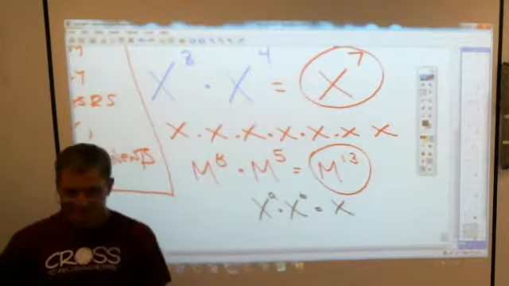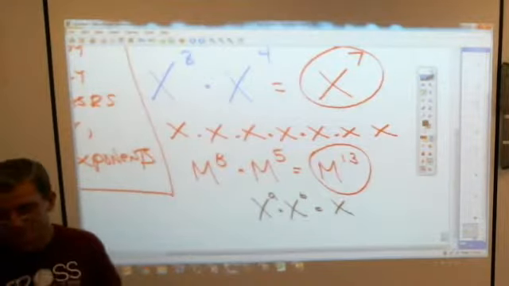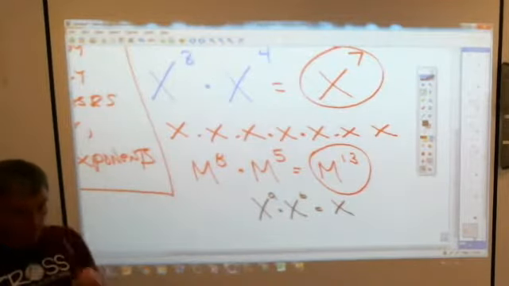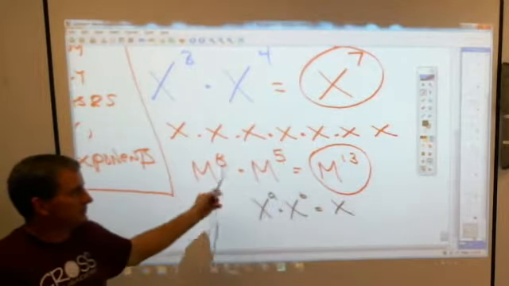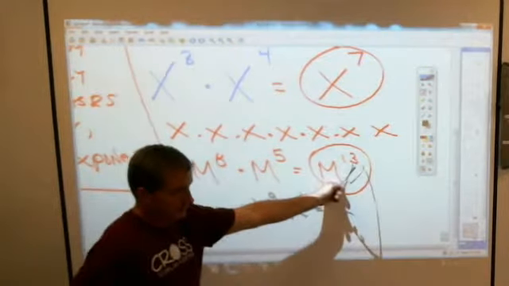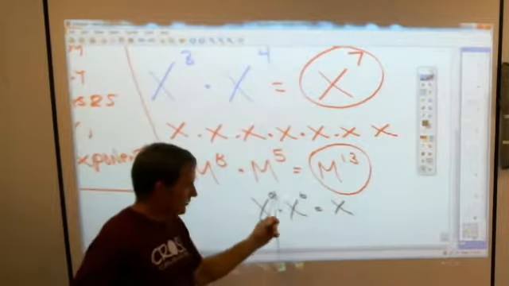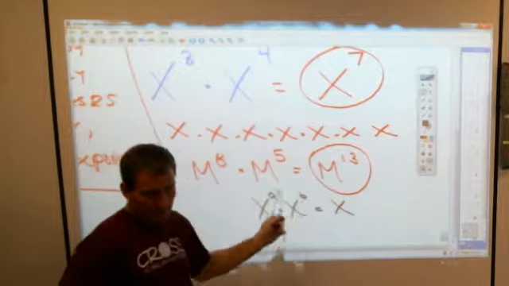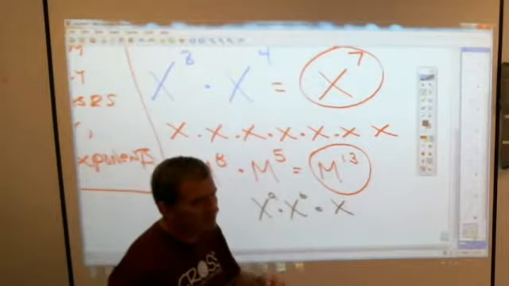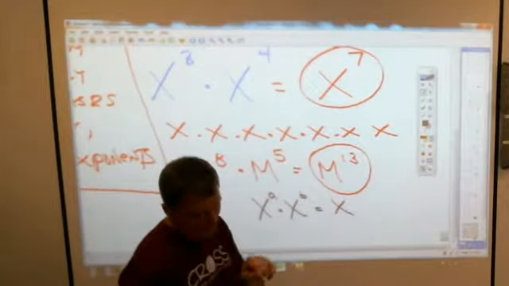No, not c, because that would be completely different than anything else. Anybody? Wait, let's go back. What did I do here to get this? So I'm going to do this with this. Guess what I get when I add a plus b together? Grace? No, that would be multiplying a times b.